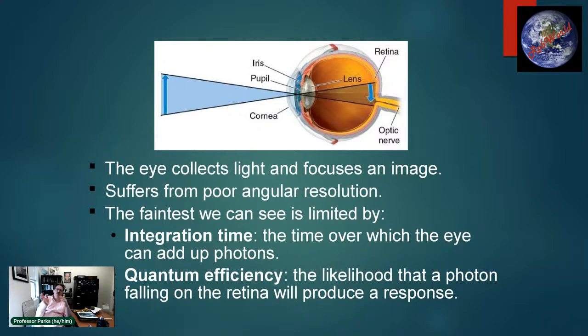So you can go back and work out what the angular resolution of the eye is and the light collecting area is, at least in comparison to, say, a 1 meter telescope. So you can tell that it's very, very small. So the iris controls the aperture. You then have the lens, which obviously is what focuses the light onto the retina, which is the detector.